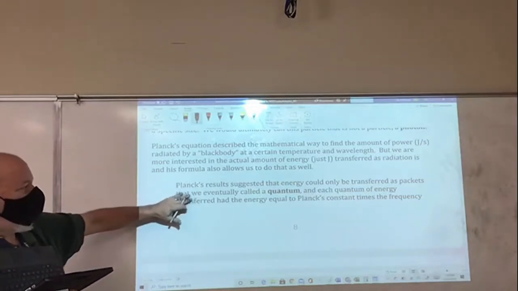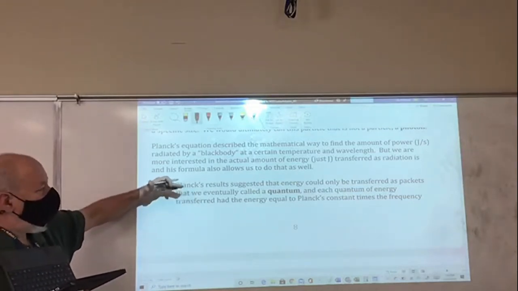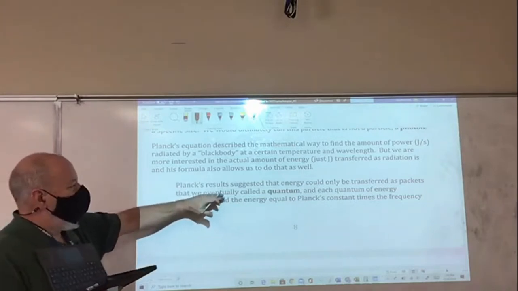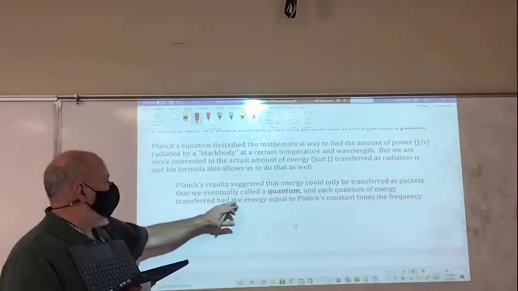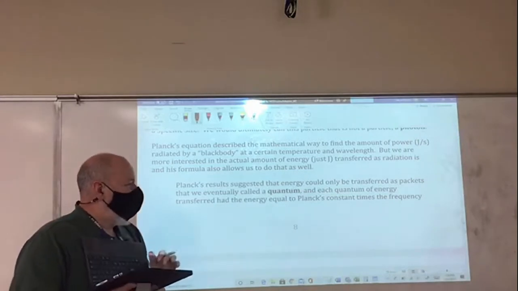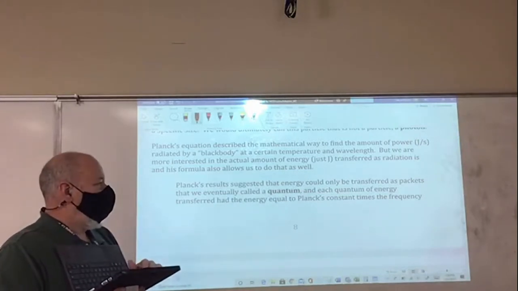Planck's results suggested that energy can only be transferred as packets of energy that we call a quantum. And each quantum of energy transferred had the energy equal to Planck's constant times the frequency.